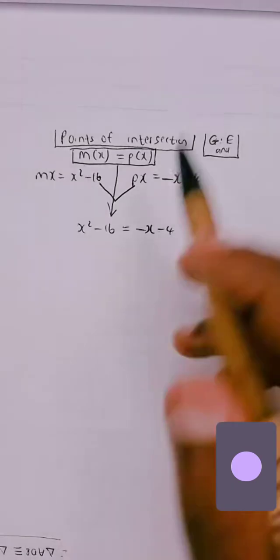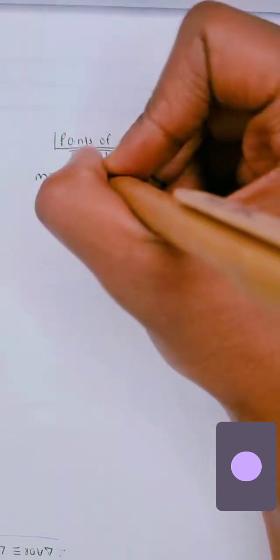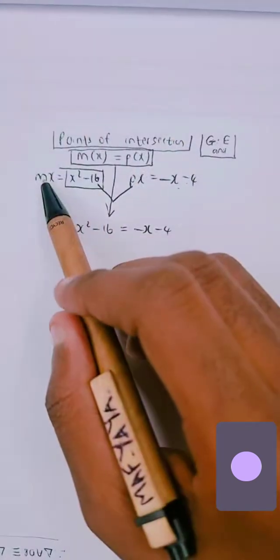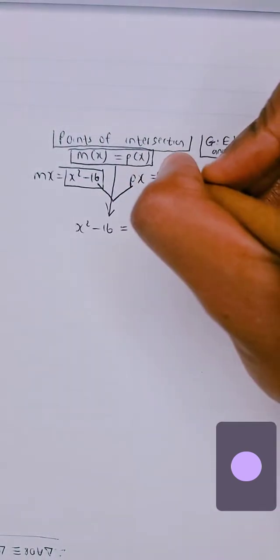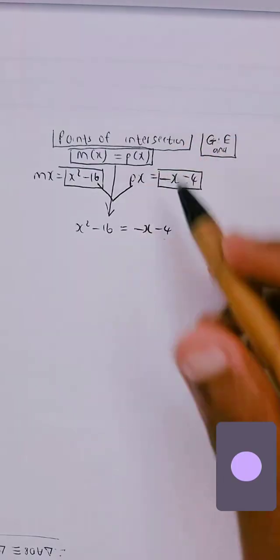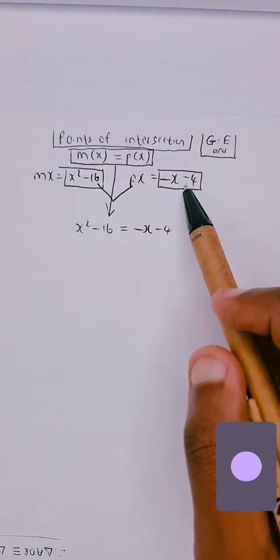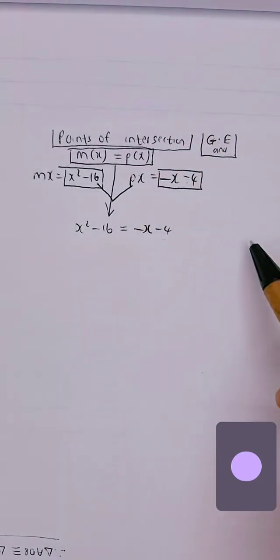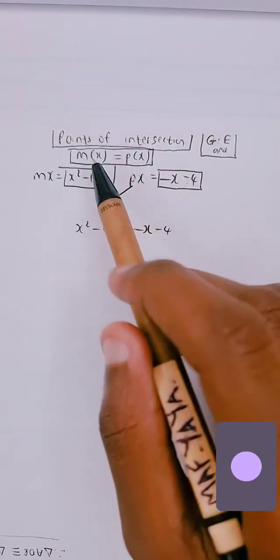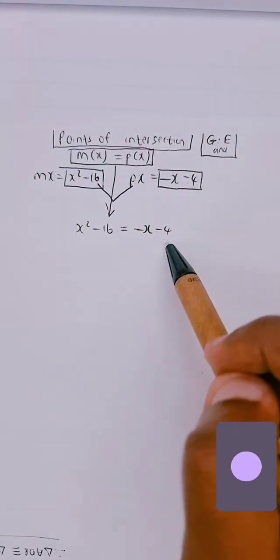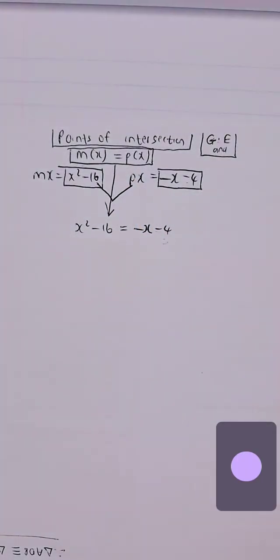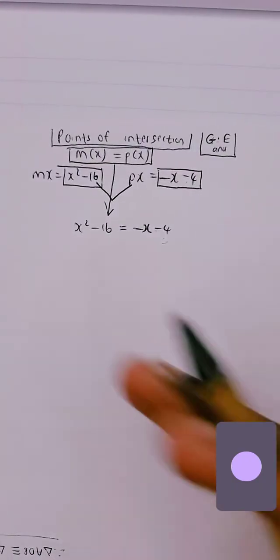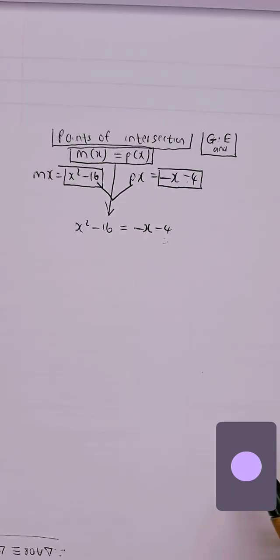So we equate X squared minus 16 because it represents M of X, with negative X minus 4 because it represents P of X. So point of intersection means M of X is equal to P of X. That's the equation. Now I'm sure you can solve this equation, Z. Will you lead me through it so that I can get the X values? Then I can tie this back to what I was saying earlier on.